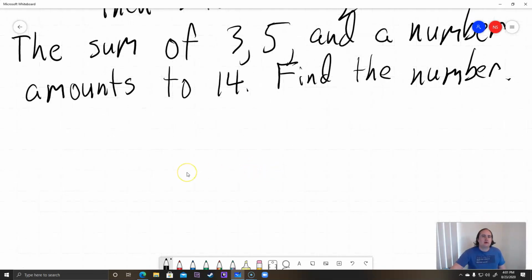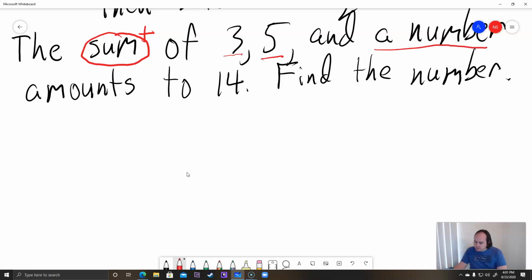Okay? So let's break this down. Let's start with the sum. What does sum mean? Well, we already said in our table up there that the sum means plus. But this is tricky. It's the sum of 3, 5, and a number. So that sum, the plus, actually refers to that entire list.